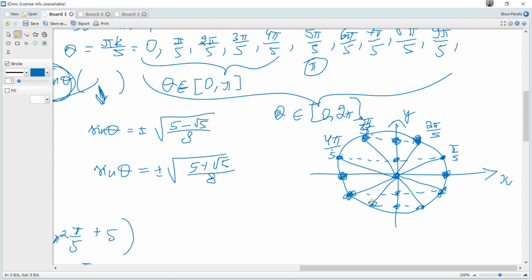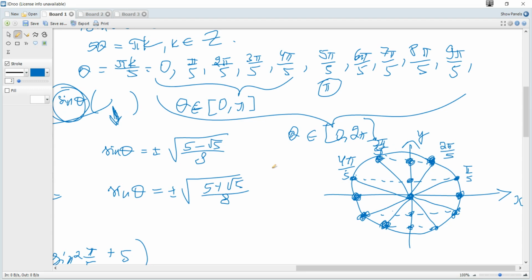And this one is 7 pi over 5. It's larger by absolute value but negative, so it will be plus and minus in front. And that's all for this question.